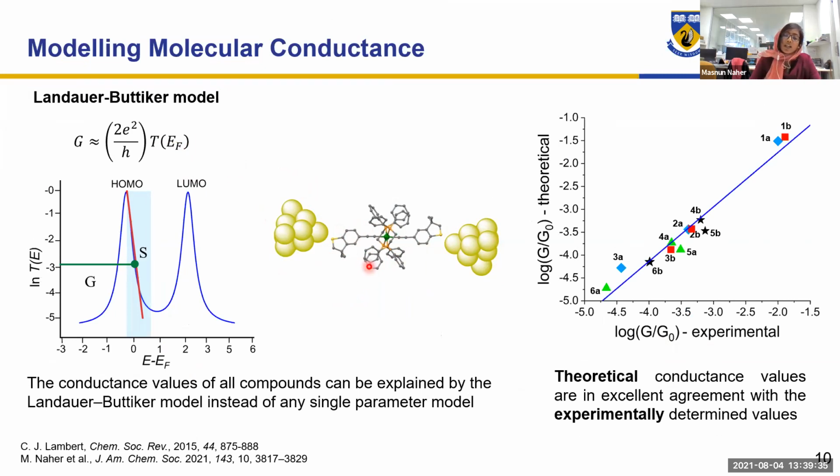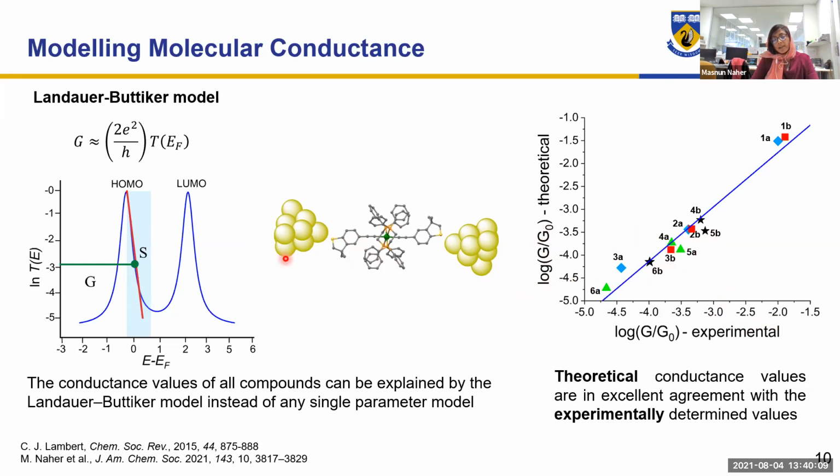So we modeled all of our synthesized compounds using the Landauer-Büttiker model and calculated the molecular conductance. After calculating this conductance, we plotted all theoretical results against experimental results. From this plot, you can see the experimental results are in very good agreement with the theoretical results, which is telling us we can explain our series of synthesized compounds only by the Landauer-Büttiker model.